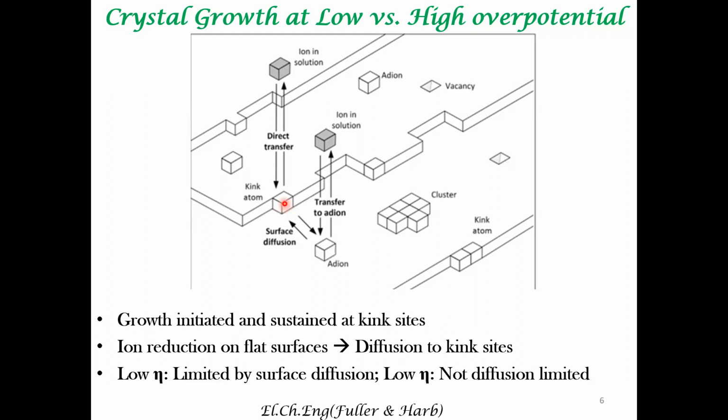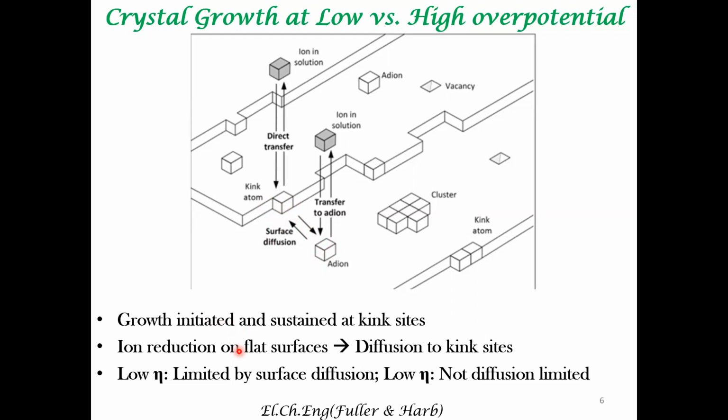Even though an atom is added to the kink site, a new kink site is generated, so the next atom will get added to this site. There are two processes here: adsorption of an ion onto the flat surface, reduction there, and surface diffusion.